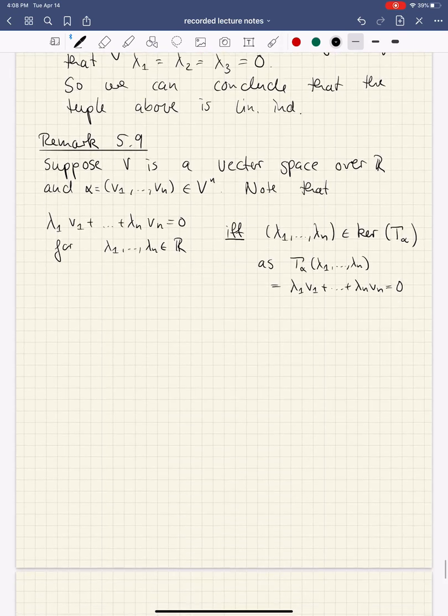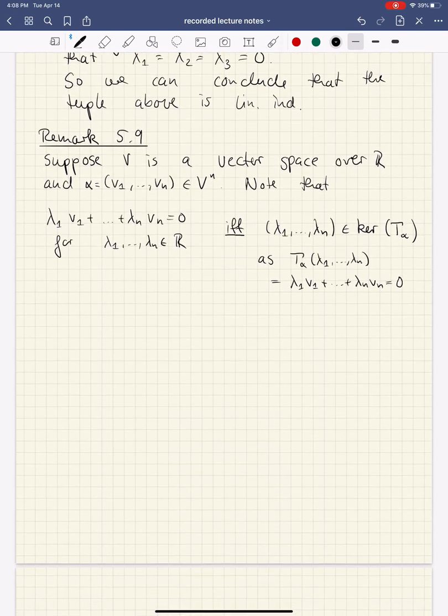So going on in this analysis, we can further notice that the fact that lambda 1 v1 plus lambda n vn is equal to 0 for lambda 1 through lambda n equals 0 is related to the fact that 0 is always an element of the kernel of a linear transformation.